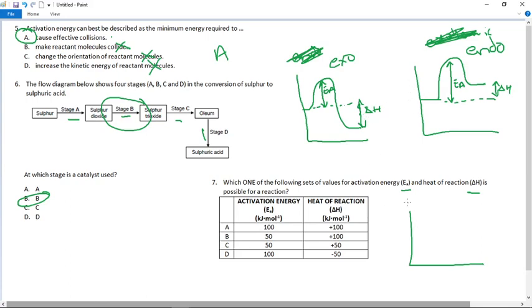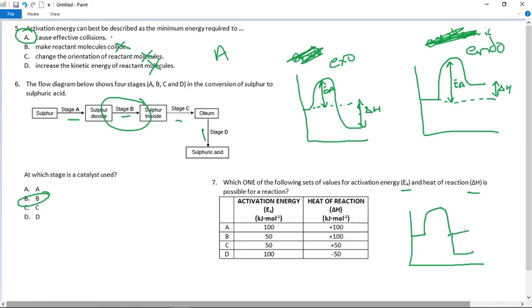If we are going to form a reaction rate graph here, the activation energy goes from my reactants up to my maximum activation energy, and then it goes back down to the products.